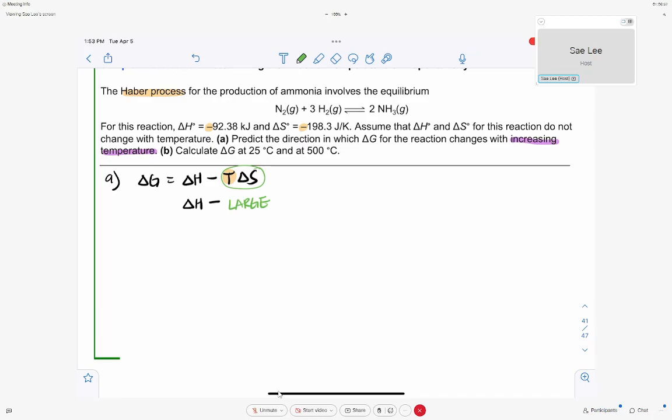However, the delta S is negative, so you are basically adding a large value to the enthalpy.